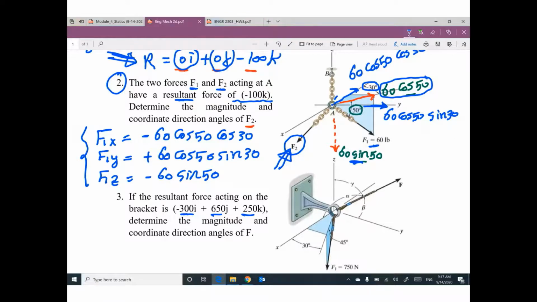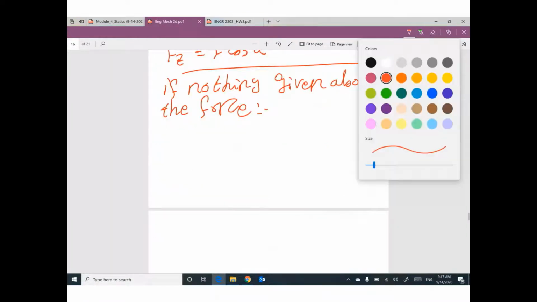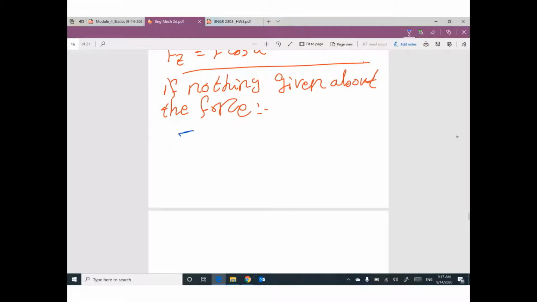Please go ahead and assume this force as a vector equal Fx i plus Fy j plus Fz k. Go ahead and assume a vector for this force like this, if nothing is given about this force. So we have Fx, Fy, and Fz.